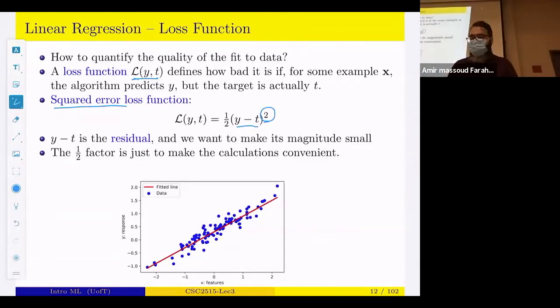Y minus T is called the residual, though different people call it different things in different contexts. We want to make the magnitude of the residual small, and the way we measure the magnitude is by taking its squared value. The factor of half here is just for mathematical convenience, making later derivations a little bit simpler. It doesn't really matter, you can have the half or not.